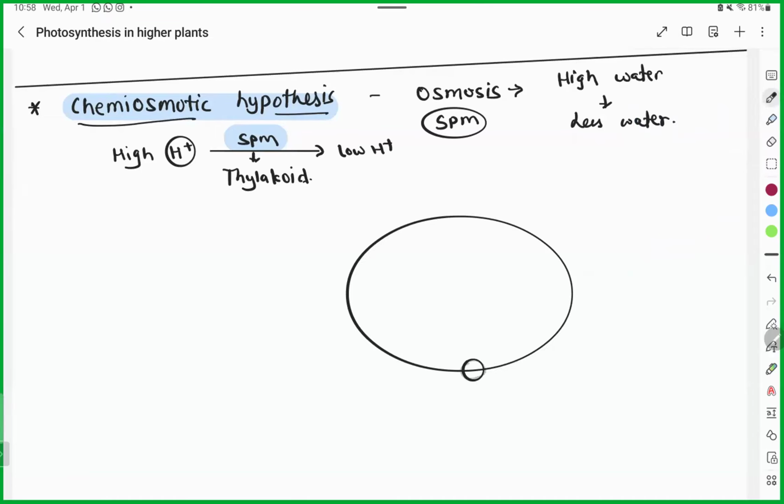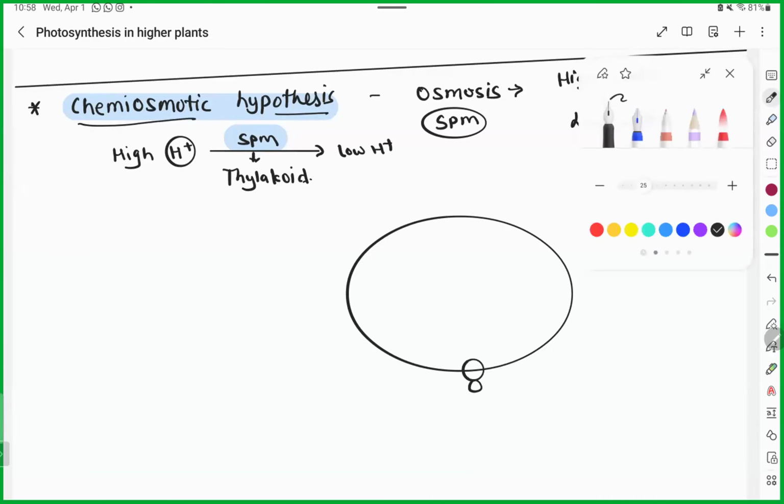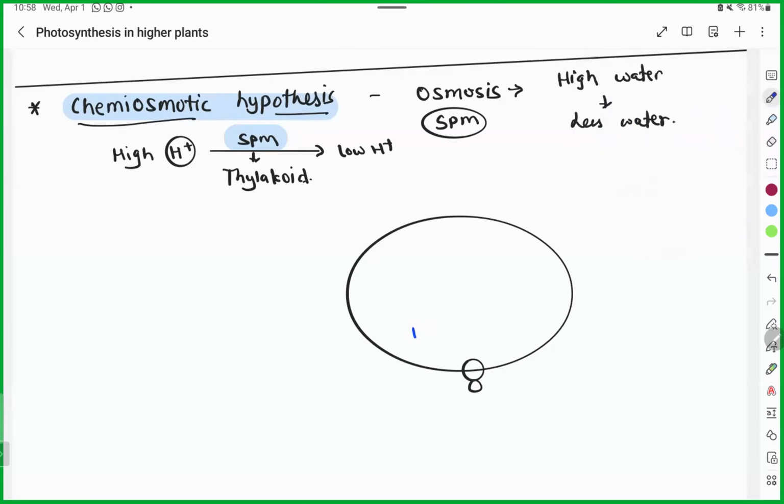So when hydrogen passes from the high H positive inside to low H positive outside, what will happen? ATP will be produced. Any doubt?